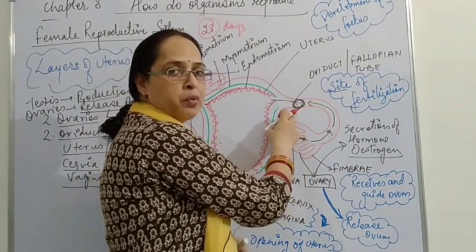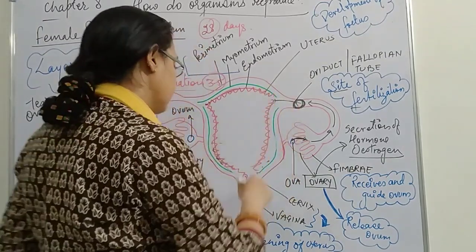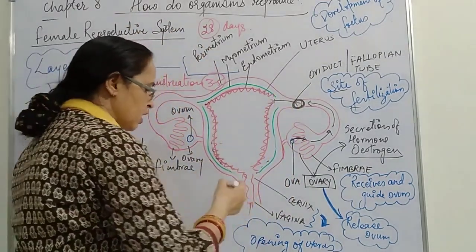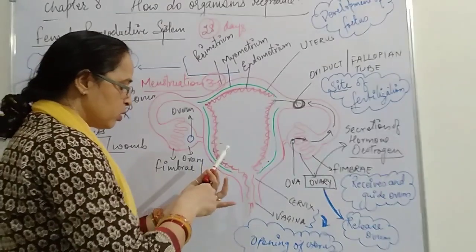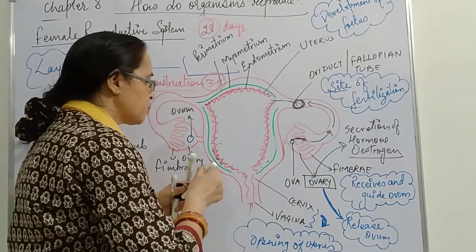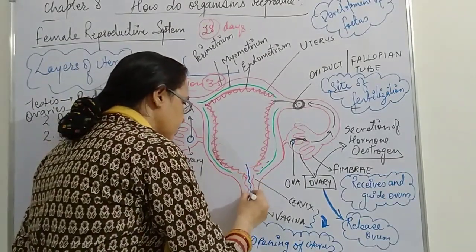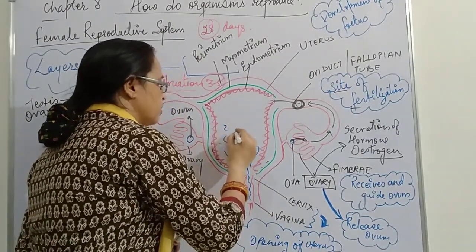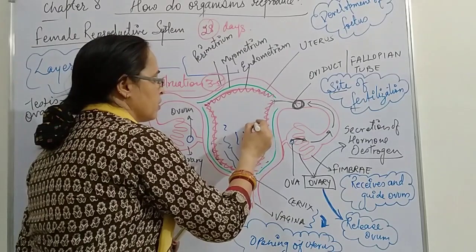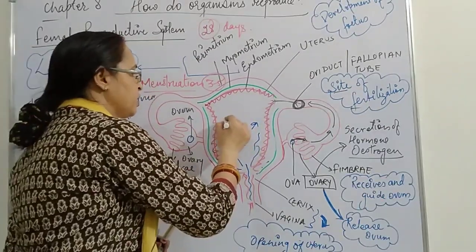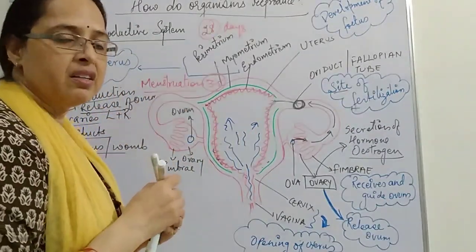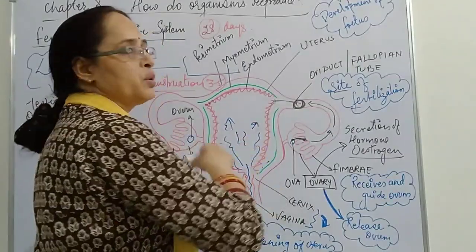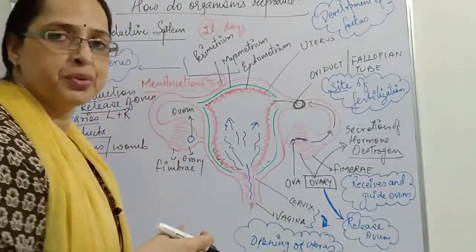When ova reaches the oviduct, if during that time sperms are provided, what will happen? Sperms enter. This is the direction of entry of sperm. Sperms are released during the sexual intercourse into the uterus.